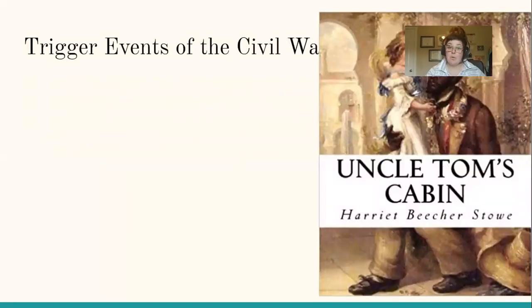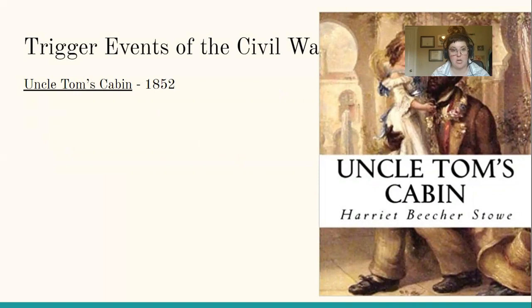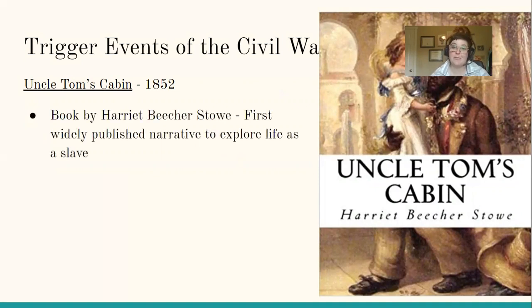All right, so more events on the timeline. Another event was the publication of a book called Uncle Tom's Cabin in 1852, written by the famous abolitionist Harriet Beecher Stowe, who you read about. This was one of the first widely published narratives to explore life as a slave. Even though Harriet Beecher Stowe was a white lady, she wrote from the perspective of enslaved people.